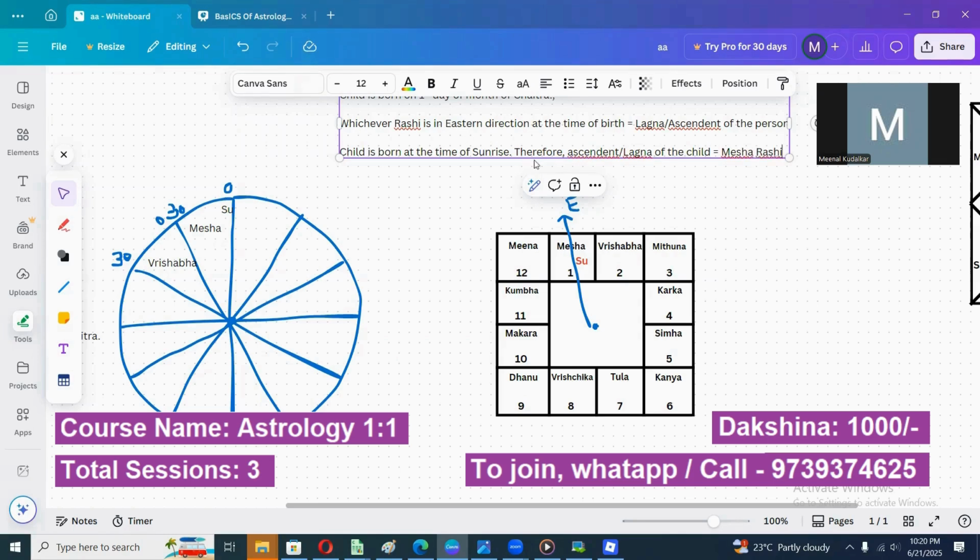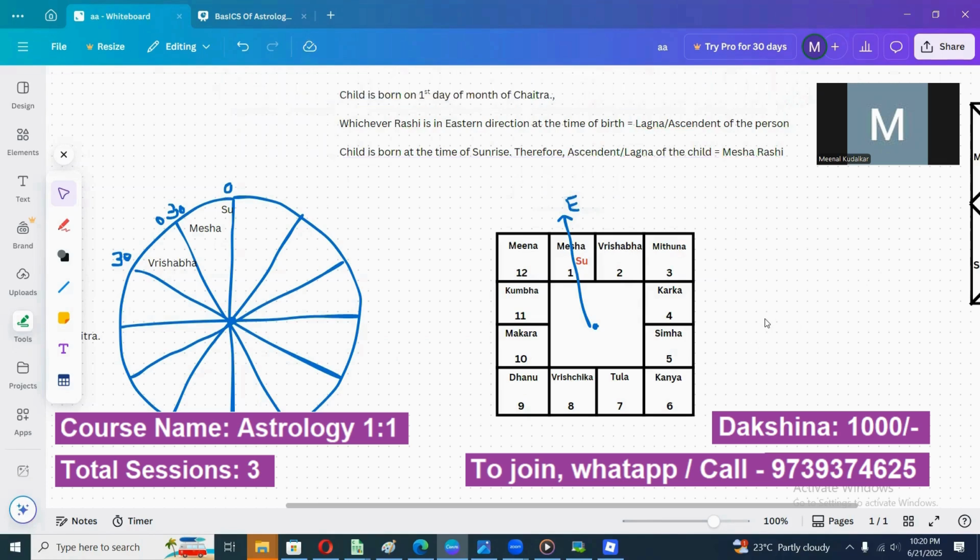Now let us mark this ascendant as one line. This is how it is drawn. Okay, so we will erase this now, whatever text we had drawn, just to avoid confusion. Okay, so in this particular case, this will become the ascendant of the person.